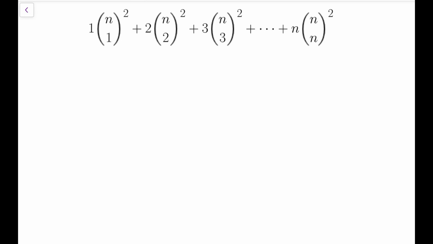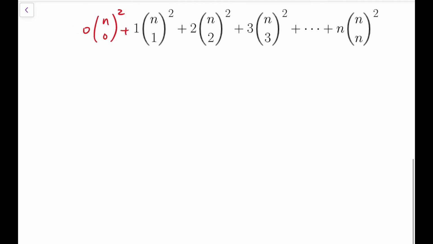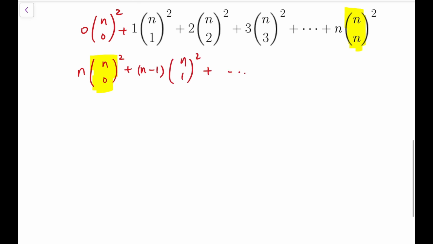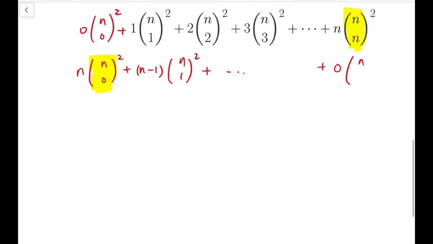Just a quick remark before I end this video. In fact, using similar tricks, I can actually generalize the sum above by replacing 10 by n. So I'm going to use similar tricks, adding a term 0 times n choose 0 whole squared, and this sum actually equals n times n choose 0 whole squared, because this binomial coefficient is equal to n choose 0, and then n minus 1 times n choose 1 whole squared, adding all the way up to 0 times n choose n whole squared.